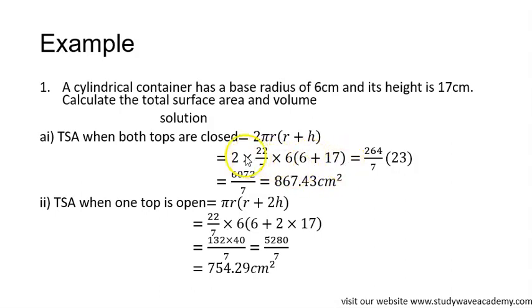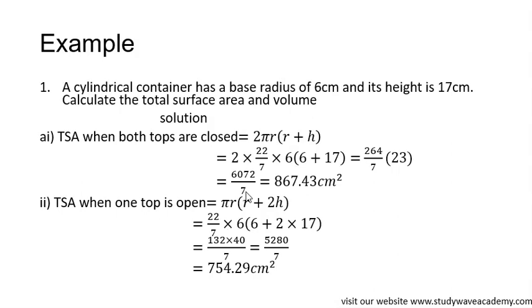Then we simplify further. 2 times 22 times 6 is going to give you 264/7. 6 plus 17 is going to give you 23. So 264 times 23 is going to give you 6,072/7.